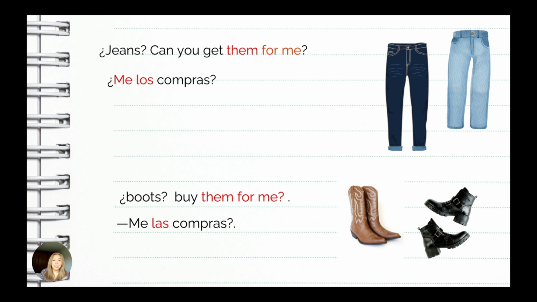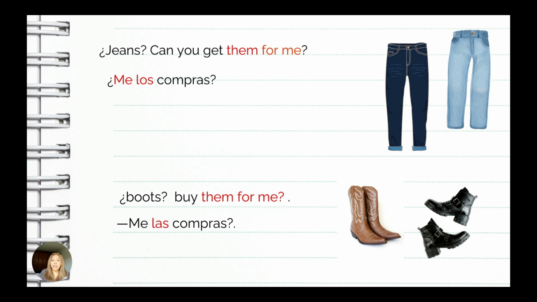Same rule applies, you see? It goes before the first conjugated verb and it's masculine. We're using los and plural. So all we did is adjust that me lo to me los because now we're talking about something plural. ¿Me los compras?